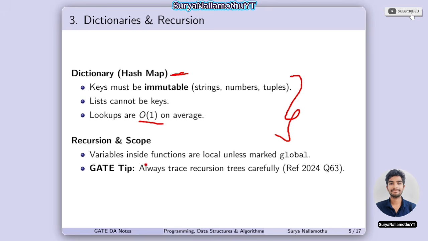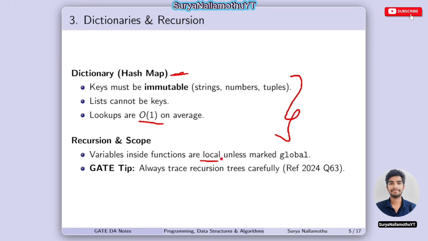Recursion and scope. Variables inside functions are local unless marked global. The variables inside functions are nothing but local unless we mark them global. If we put the scope as global, then it is available for the complete program.